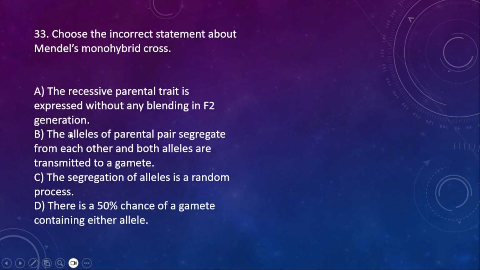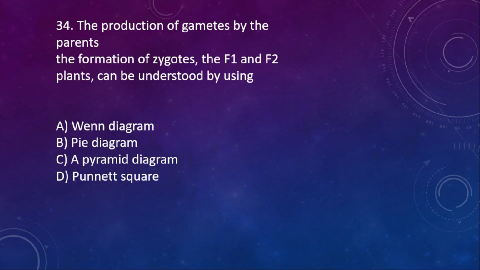And then B. The alleles of a parent pair segregate from each other and both alleles are transmitted to a gamete. C. The segregation of the alleles is a random process. And then D, there is a 50% chance of gametes containing either allele. So here A is correct, C is correct, and D is correct, and B is wrong.